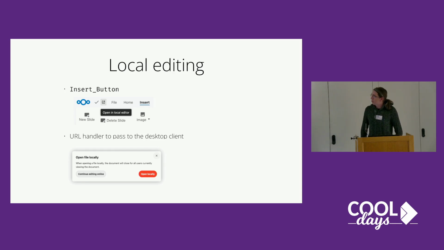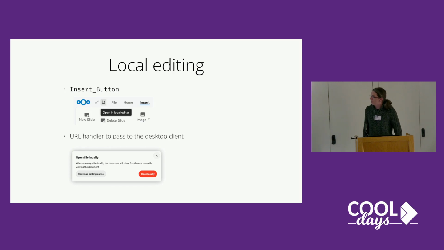To start off, I'm going to showcase a few examples of how we integrate and what kind of post messages we use for that. The first one is nice because we can extend the Collabora user interface without implementing something in Collabora directly.